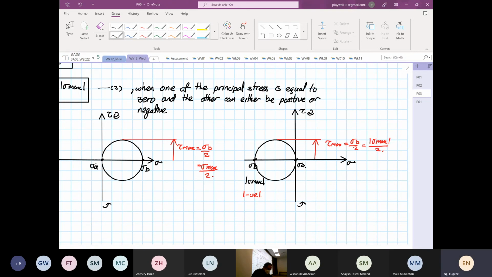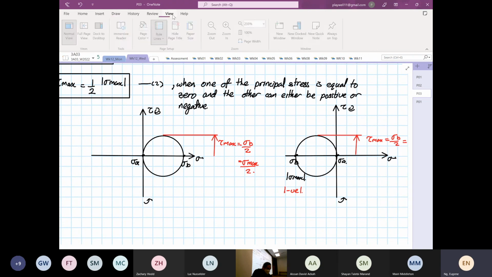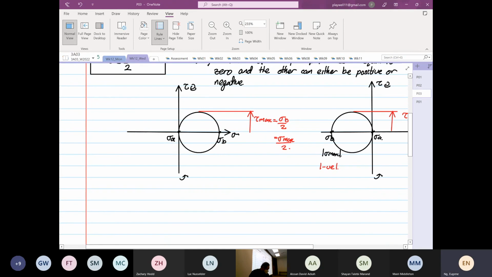So there is one set of condition where one of the principal stress is equal to what? 0. Then tau max can also be expressed as half absolute value stress max minus by stress min. Okay. So this is our equation number 3.